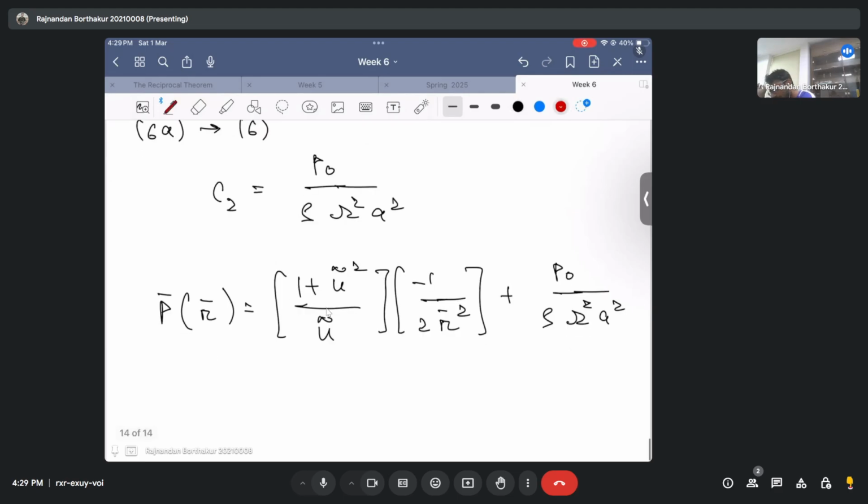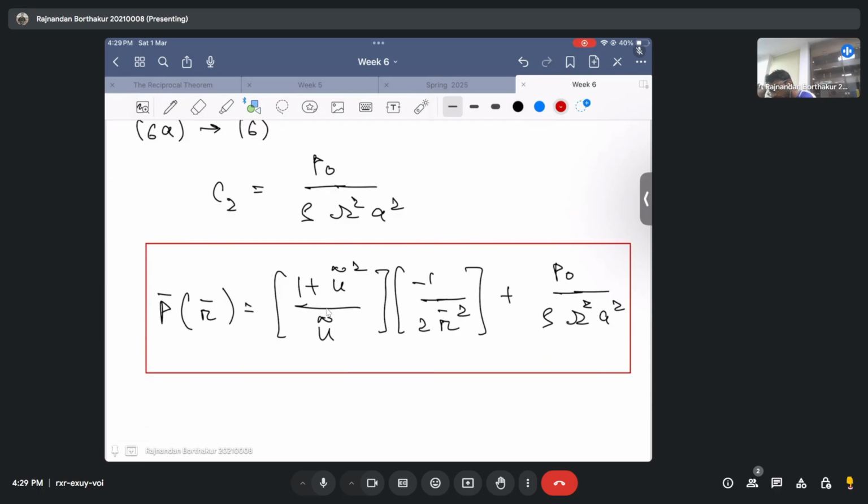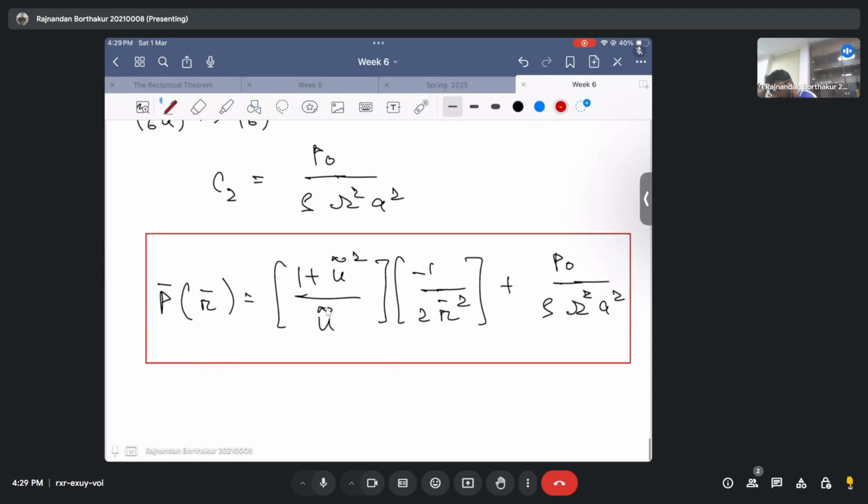That's it, guys. We have uniquely determined the pressure, but this is only true for Reynolds number less than 1.